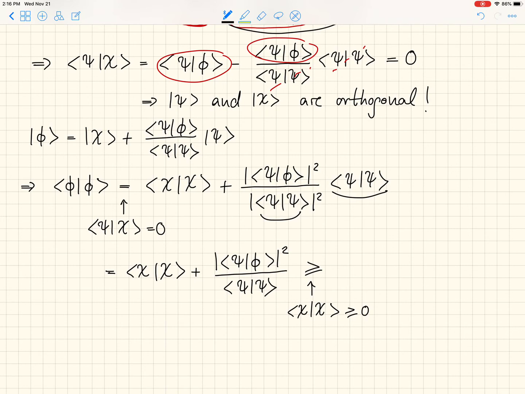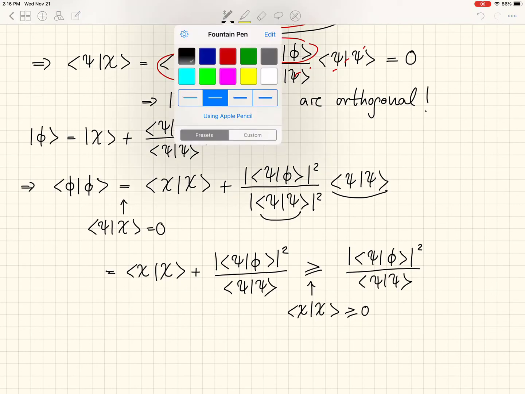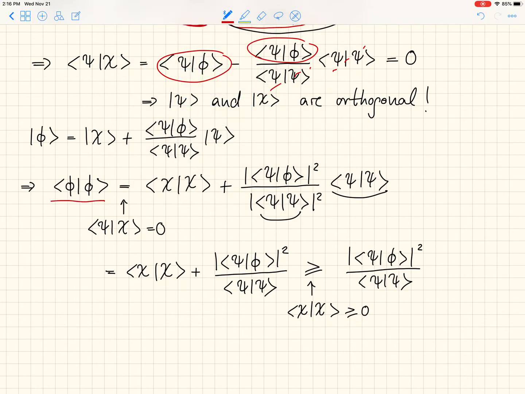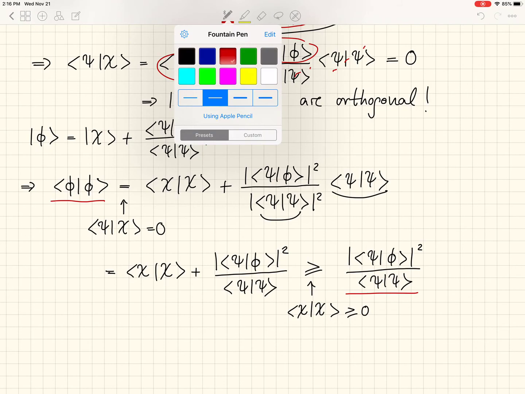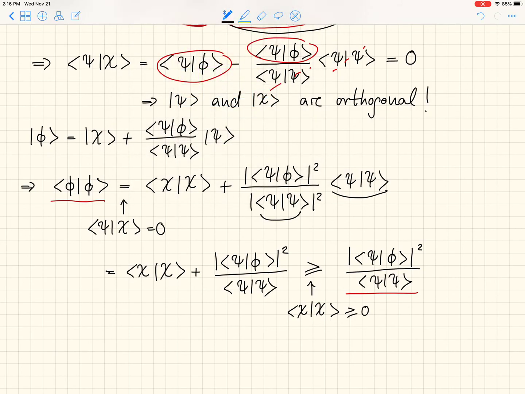So I can make an inequality here by omitting the inner product of chi with itself and just directly get the Schwarz inequality here. So now this is the left side, this is the right side. If I multiply by the inner product of psi with itself, I get what I wanted, the Schwarz inequality.